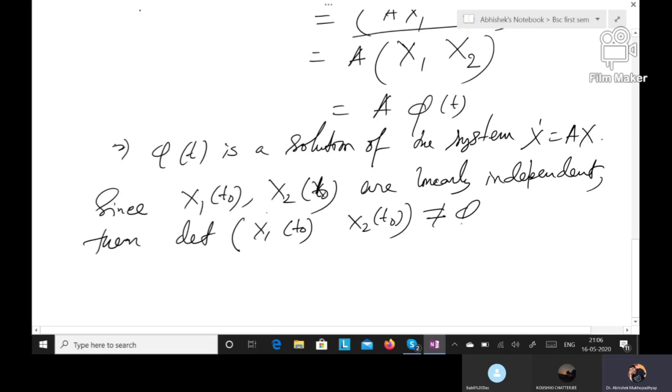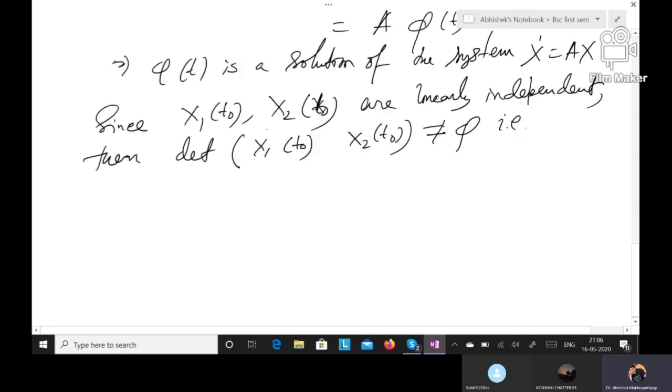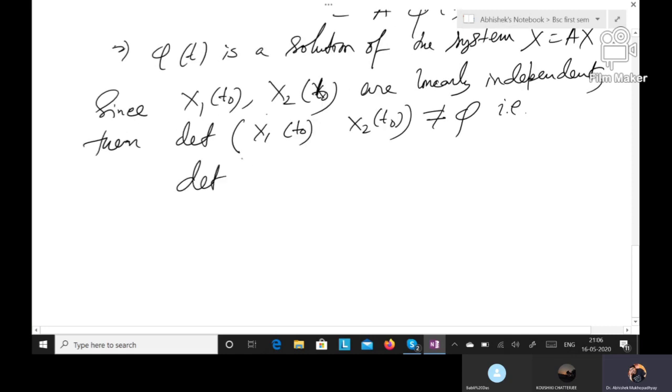That is, the determinant of phi t0 is not equal to 0. So this satisfies the second condition also.